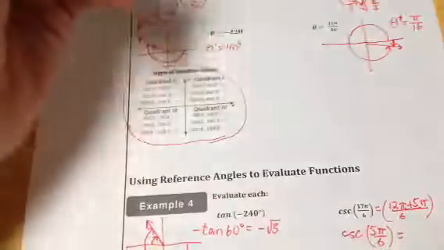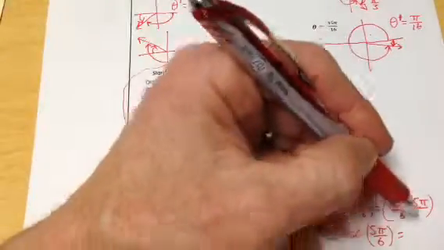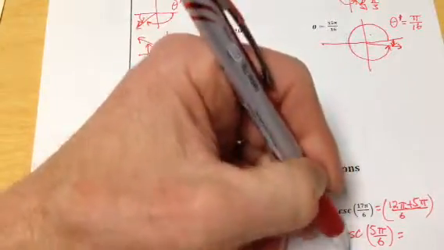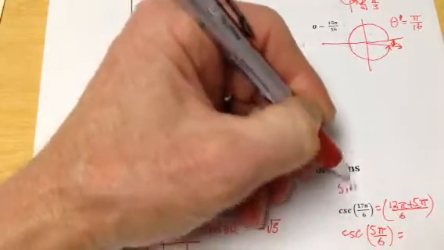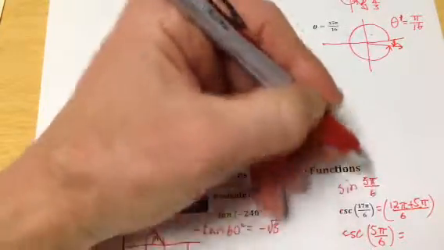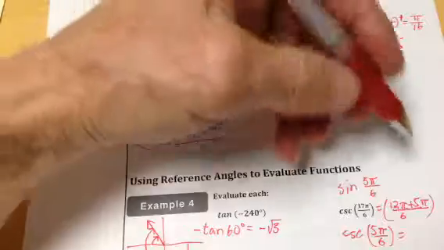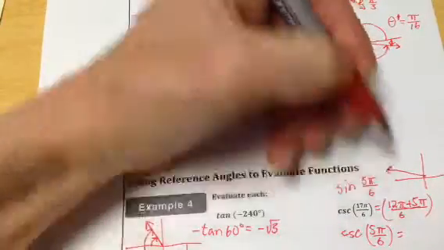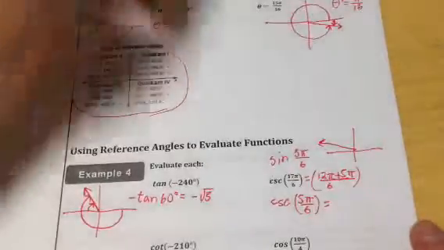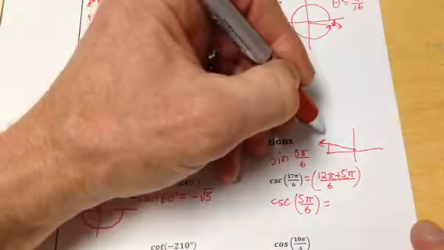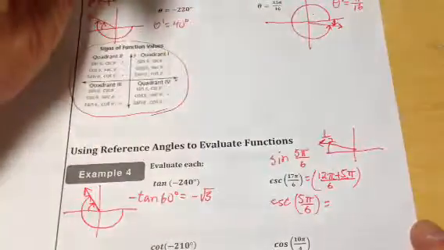So that's going to be the same thing as, if we know what the sine of 5 pi over 6 is, we can just take the reciprocal of that. The sine of 5 pi over 6, that would be over here, 5 pi over 6, that's there on the circle. And that would be positive 1/2.